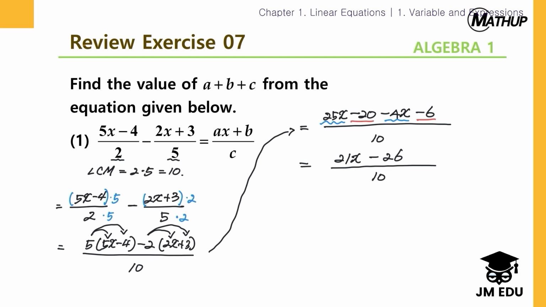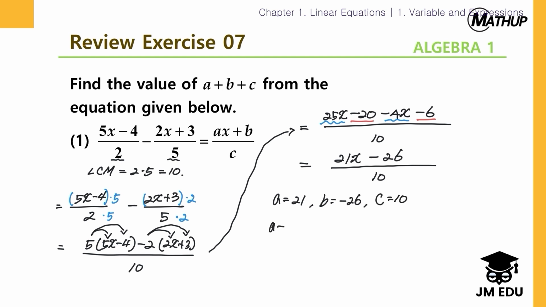So when we simplify the expression on the left side, that is equal to this, which is also equal to this, right? So a is 21, b is minus 26, and c is 10.